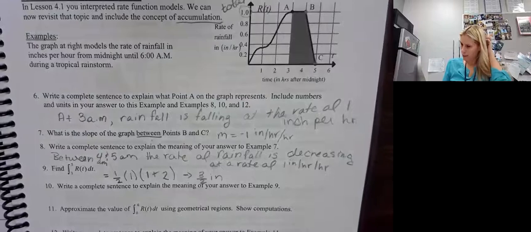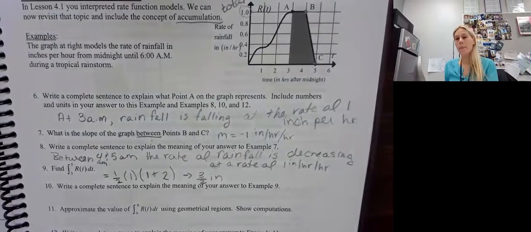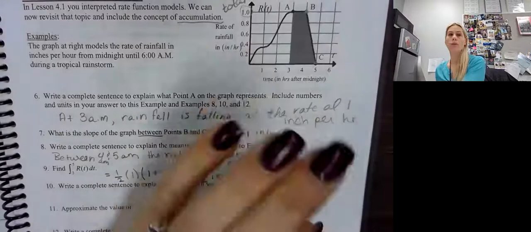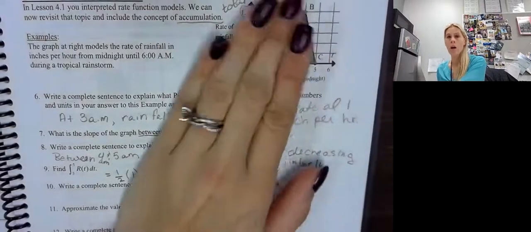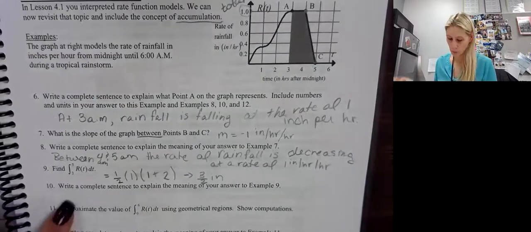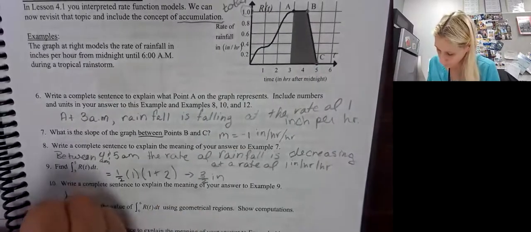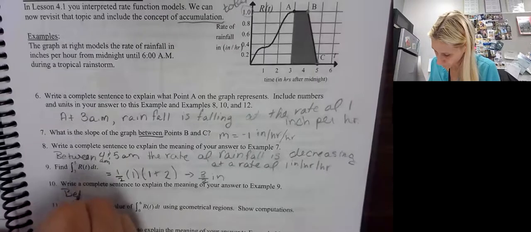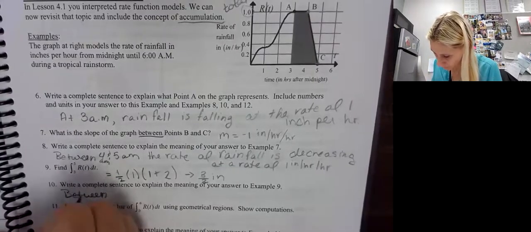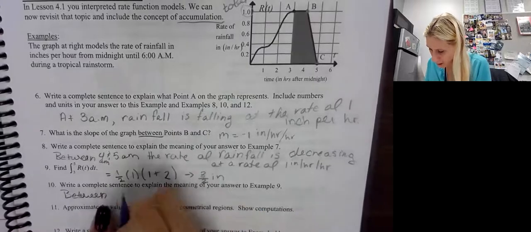Okay, write a complete sentence to explain the meaning. Now, because we found the integral, we're going backwards. That's where we find the total. So from our rate graph, when we go backwards with integration, we're finding the total. So I would say that between, sorry guys, my handwriting is icky today.